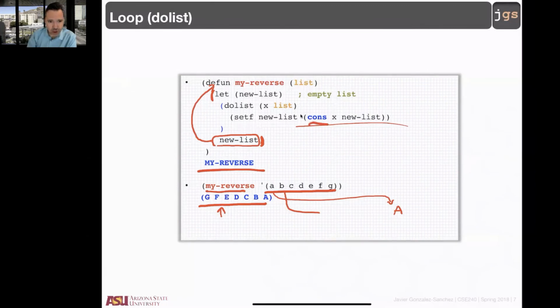So it puts the B at the beginning of your other list. And then you have another loop. Now you have the C. And you run this instruction. That instruction adds at the beginning. So you add the C at the beginning and so on until the last element in the loop was the G. So your function is doing the reverse of the list.